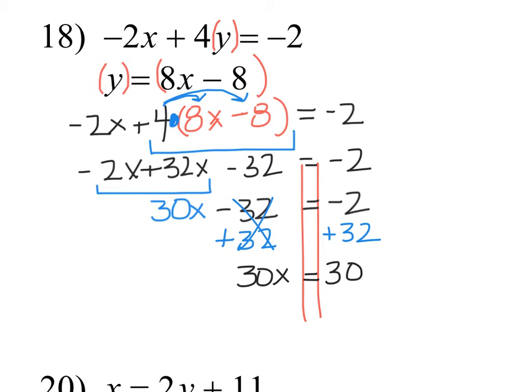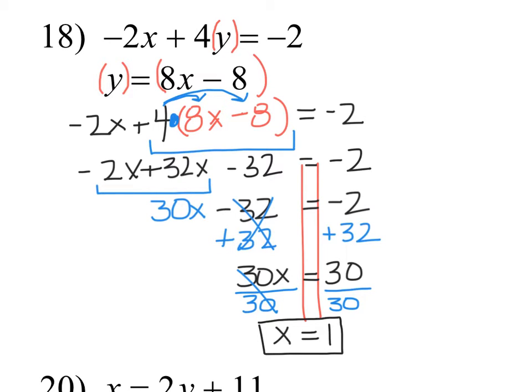To completely isolate x, I divide by 30 on the left. If I do that, I have to divide by 30 on the right. And I have x equals, let's see, 30 divided by 30 is 1. X is equal to 1.